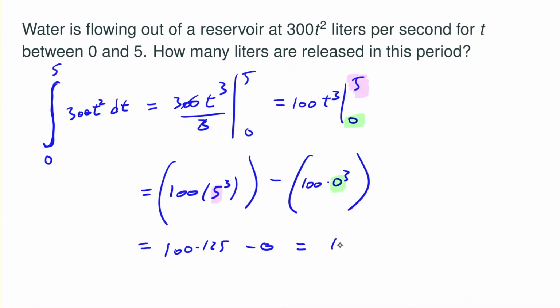So we have 100 times 125. What is that? 12,500. In this case, liters. So between 0 and 5 seconds, 12,500 liters of water were released during this period.